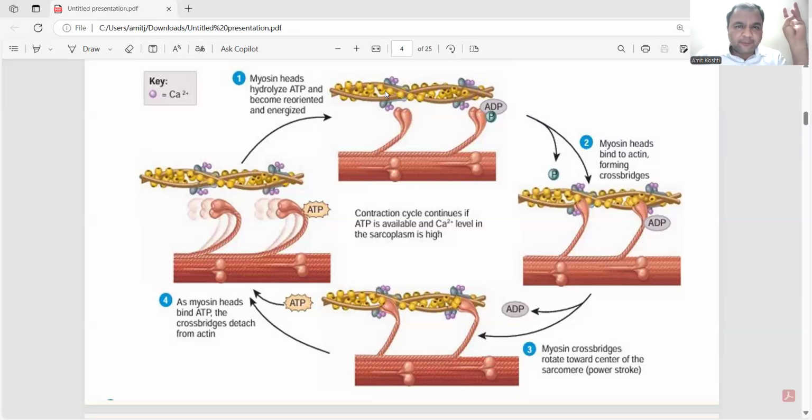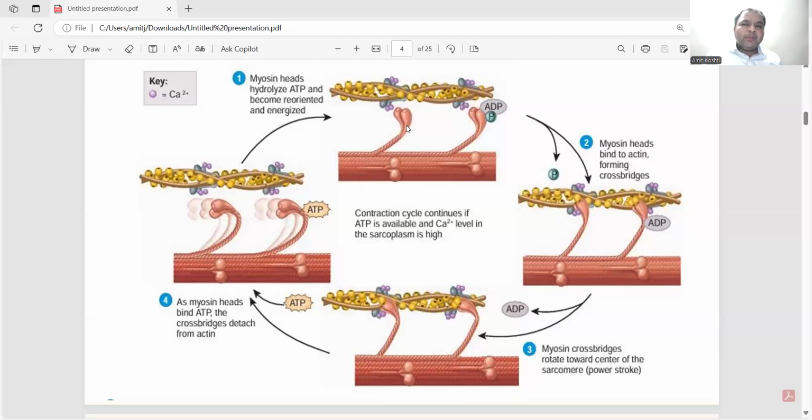And third, it has the ATPase activity. So the myosin head is a sort of enzyme, an ATPase. A certain sequence of the domain, meaning a certain amino acid region, acts as the ATPase enzyme.